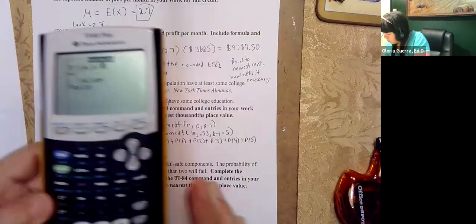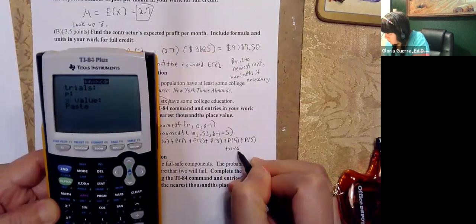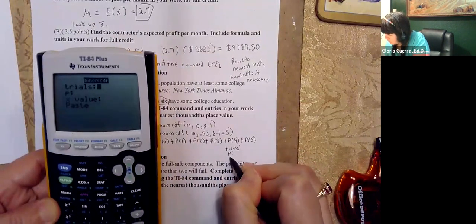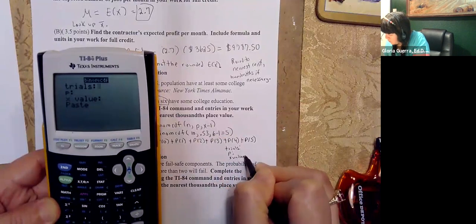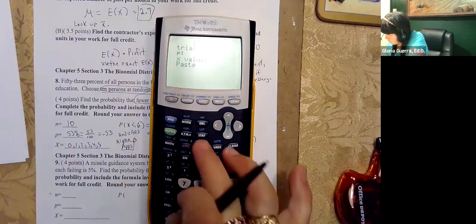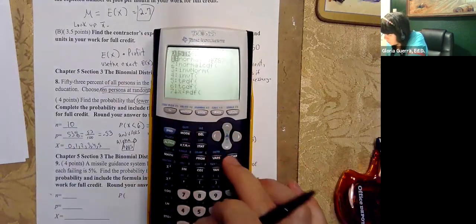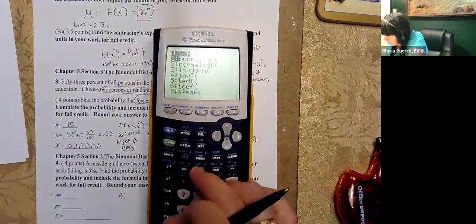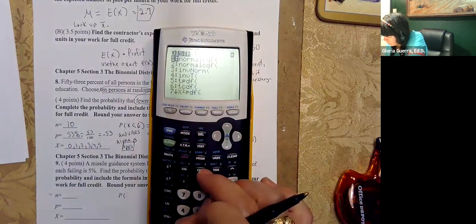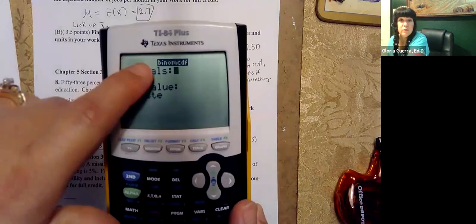Okay. Let me put here trials, P, X value. Or you do second vars and then alpha apps, and you just double check that. See, CDF.